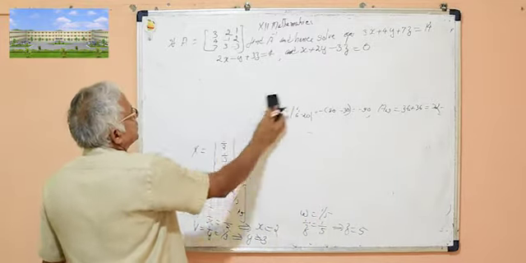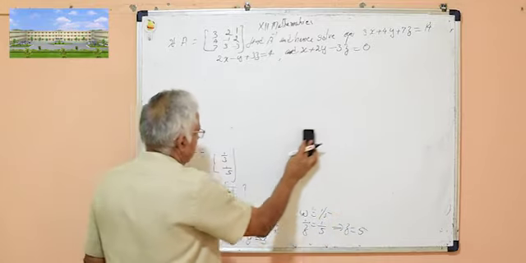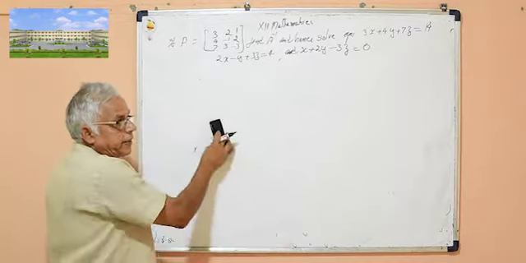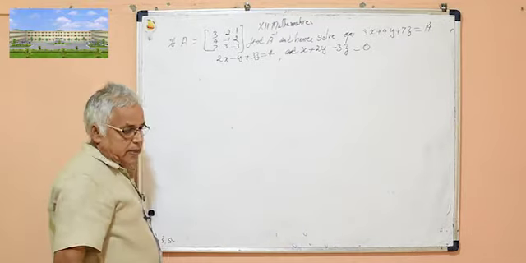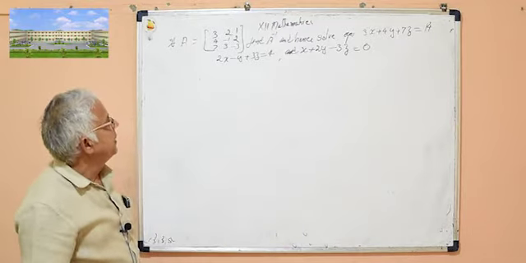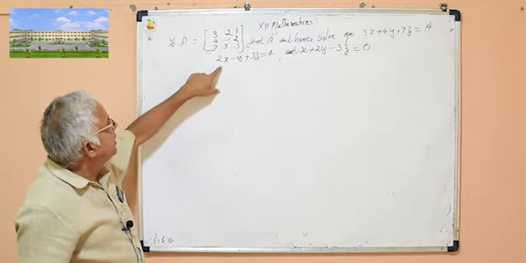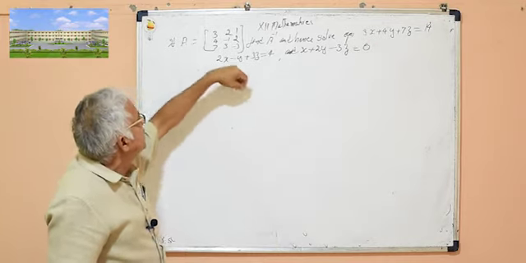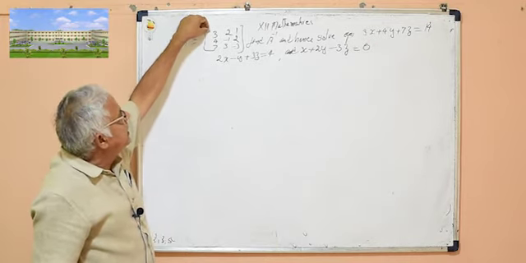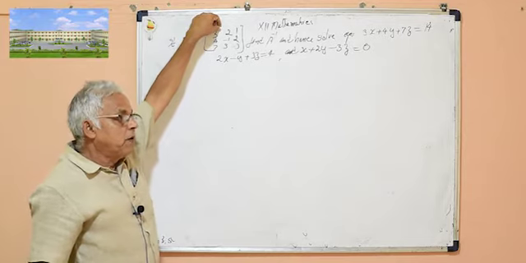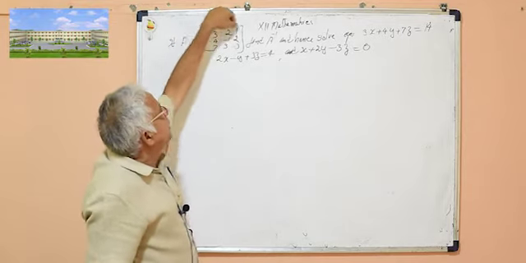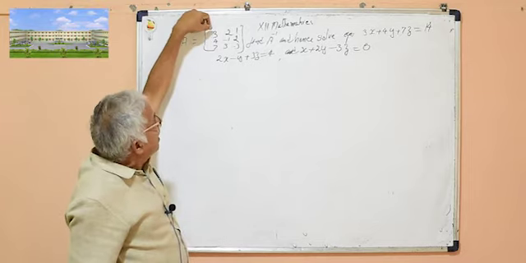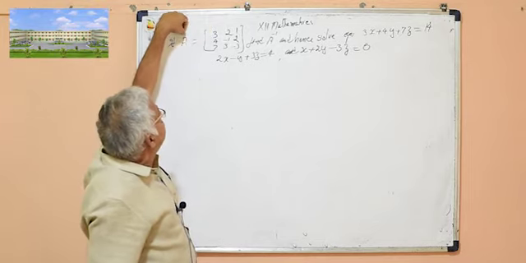Here first find A inverse. A inverse is equal to 1 by determinant of A into adjoint. Then using that A inverse, solve the given system of linear equations. In the previous question, A was given and we found A inverse row-wise, but here it is A inverse transpose.